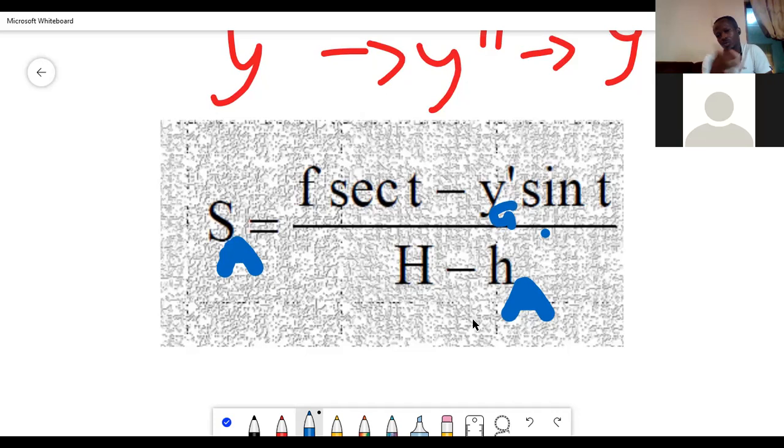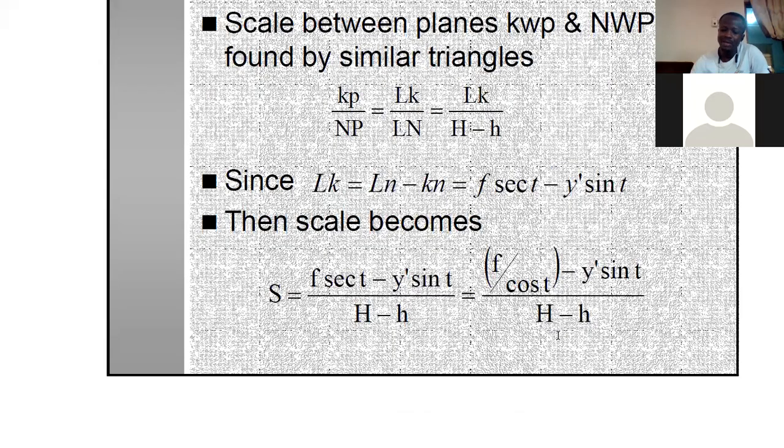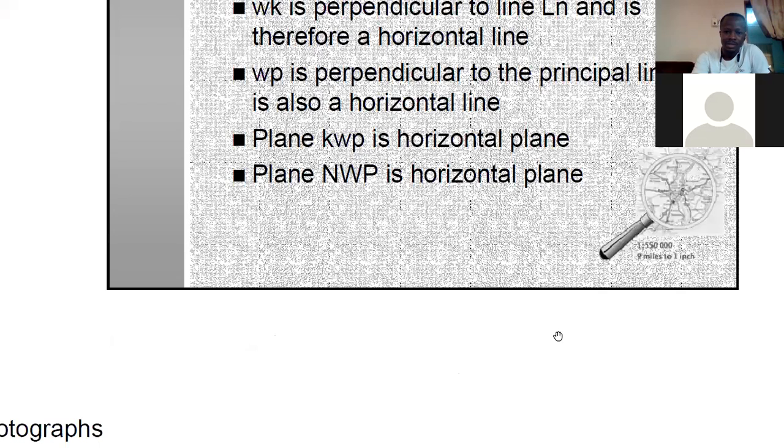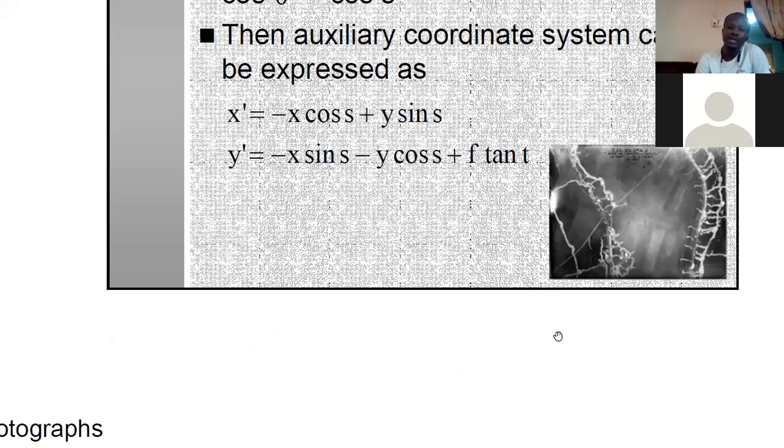Okay, so the y coordinate and this small y coordinate, how do we obtain this? Are you okay? Given a set of photo coordinates, you're able to convert it using the auxiliary coordinate system. So you should always remember the auxiliary coordinate system, have it in your head. So here you can see we are converting x prime to x.